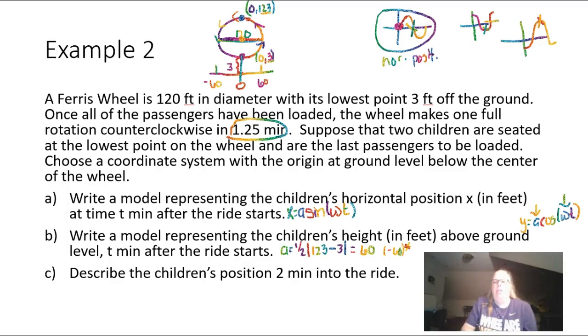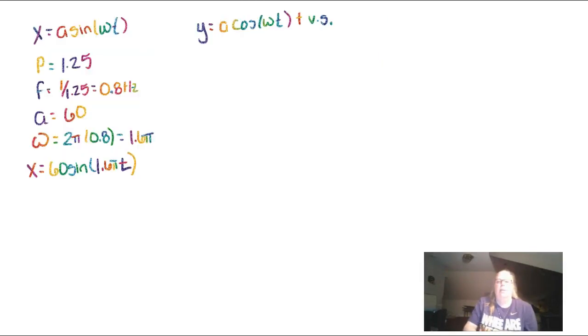The vertical shift is actually going to be halfway in between the lowest point and the highest point. It's going to be their average. So our vertical shift is going to be half of our highest point plus our lowest point.